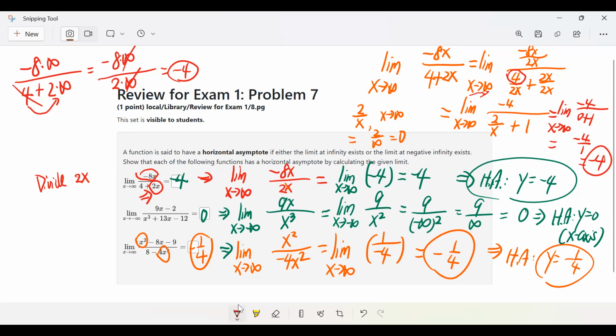That's why we only keep the leading term on top and the leading term on the bottom. Eventually, all the rest of the terms compared to the leading term are going to be irrelevant or insignificant. Just compare a number to infinity, that number is insignificant. That's the reason.